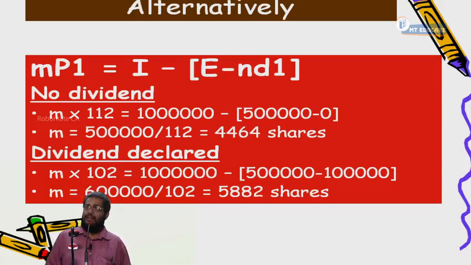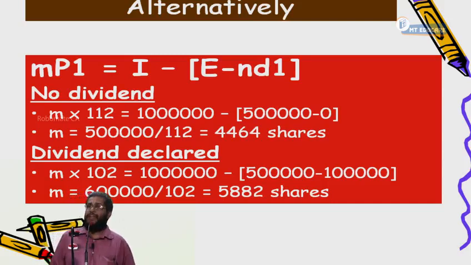Make a small change here: irrelevance of dividend for shareholders' wealth and company's wealth can be proved as follows. Everybody, can I proceed or not? Now, right? Capital A.